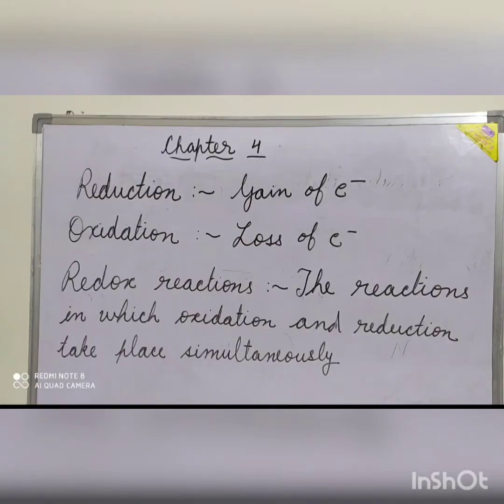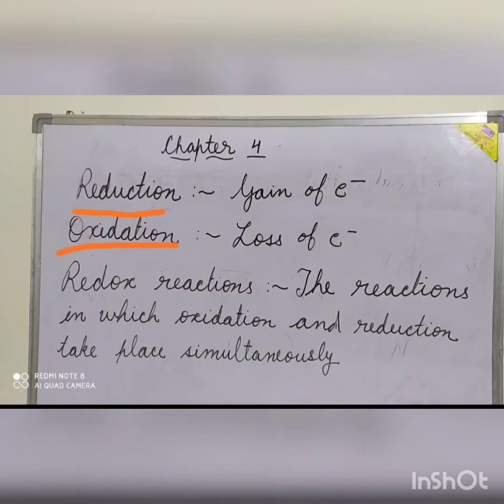What are reduction reactions? The reactions in which electrons are gained, or the gain of electrons takes place, are called reduction reactions. The oxidation reactions are the reactions in which electrons are lost.